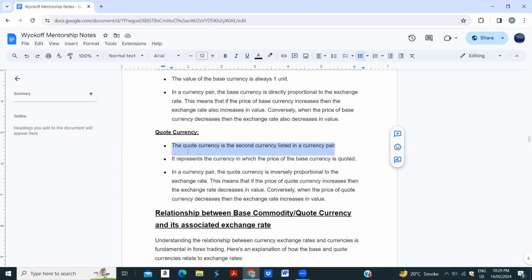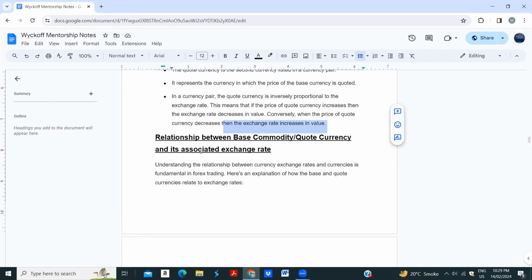You already know that we have covered this in our previous episodes. It represents the currency in which the price of the base currency is quoted. In a currency pair, the quote currency is inversely proportional to the exchange rate. This means that if the price of the quote currency increases, then the exchange rate decreases in value. Conversely, when the price of the quote currency decreases, then the exchange rate increases in value.